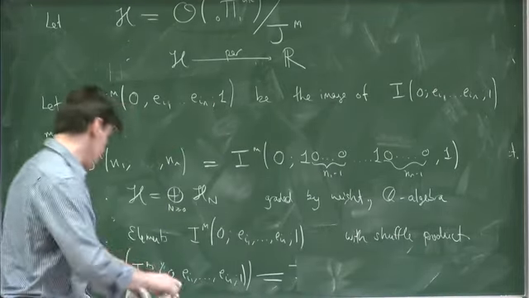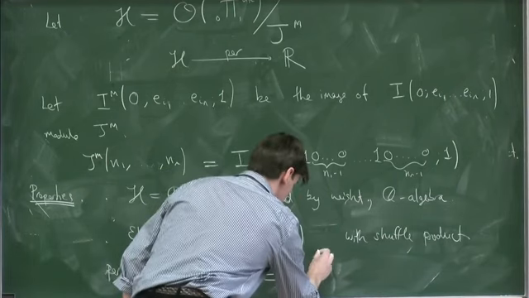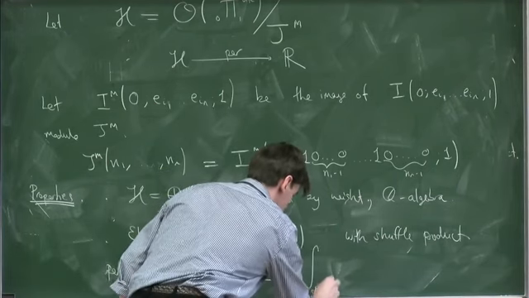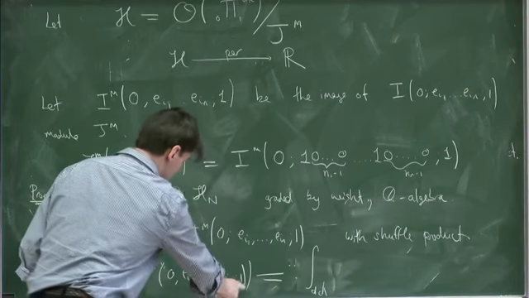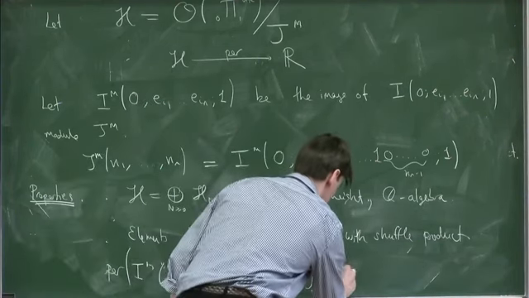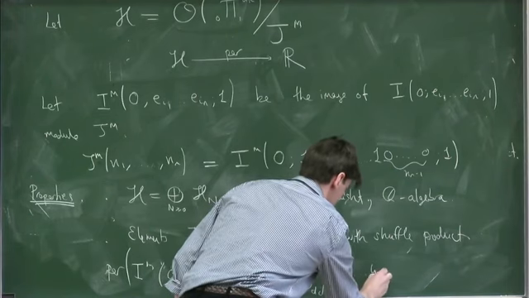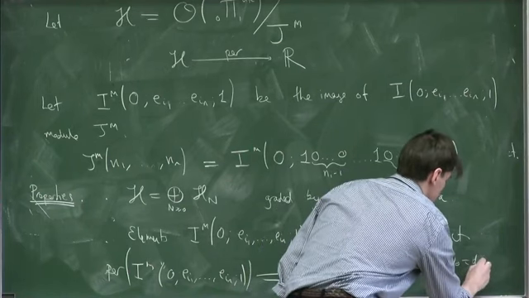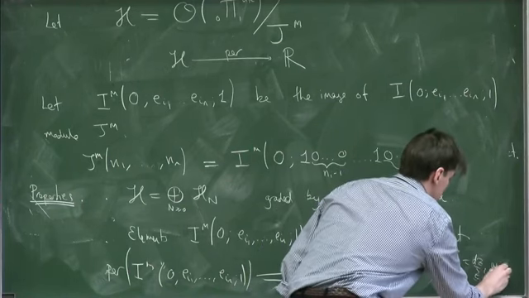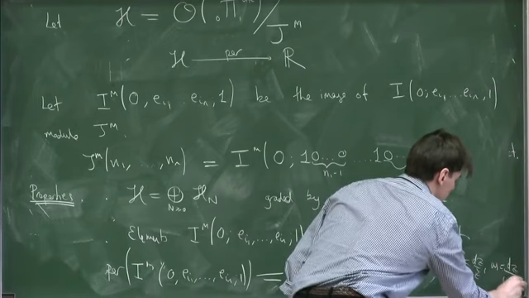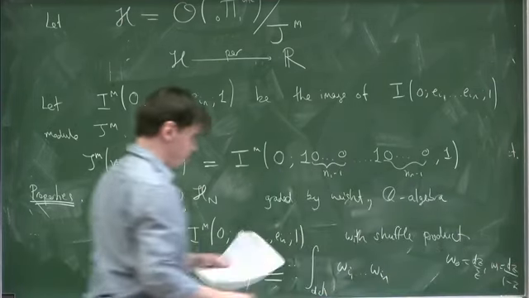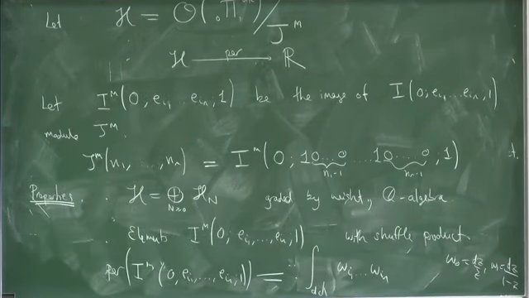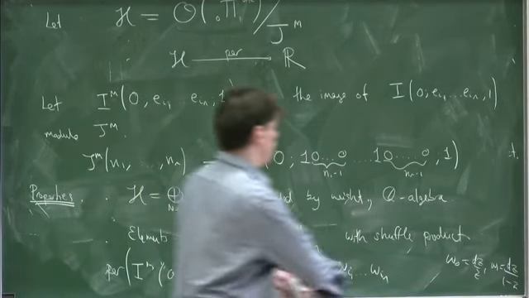It sends this motivic iterated integral to the integral of the straight line path from 0 to 1 of the corresponding word in one-forms. So I remind you that omega 0 is dz over z, and omega 1 is dz over 1 minus z. Okay, so that's all formal.